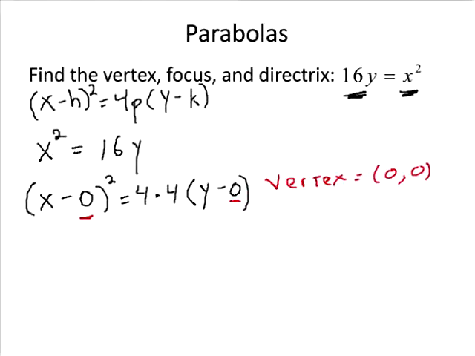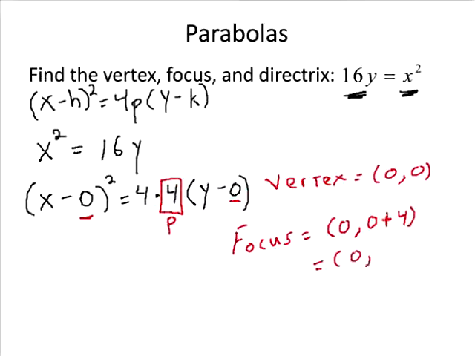To get the focus, we're just going to add the p value. And remember, here's the p value right there. That's our p value. So the focus will be (0, 0 plus 4), right? Plus p. So it's really going to be (0, 4).